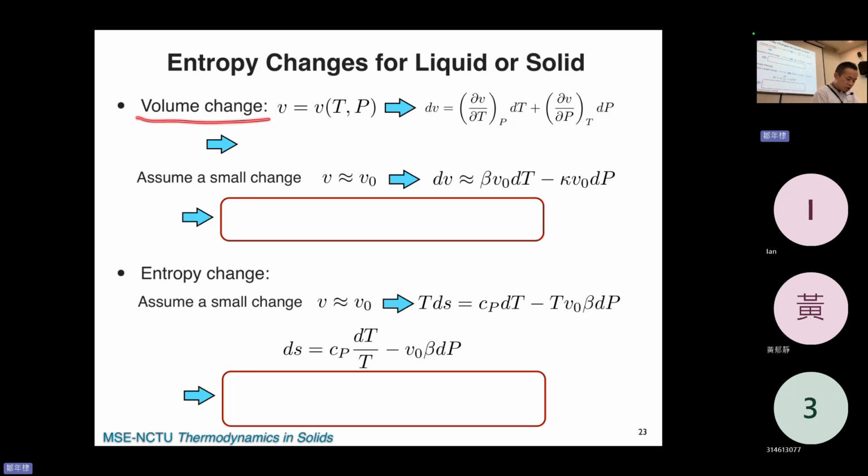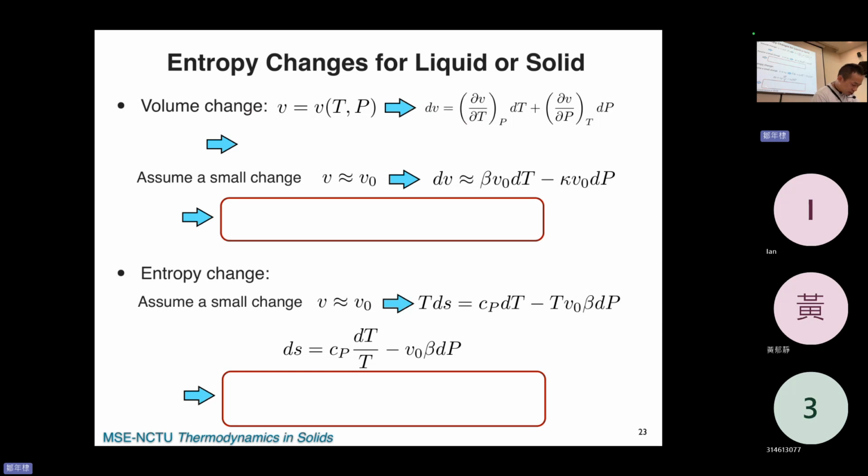So now volume change. V is a function of temperature and pressure. So the volume change can be treated as two contributions, dT and dP, and their own slopes. Okay, so let's take a look.